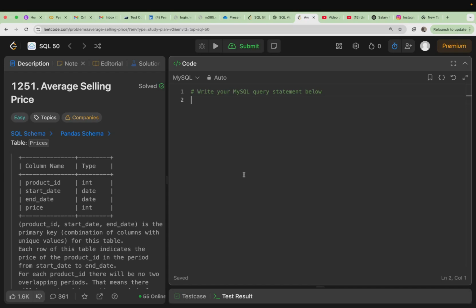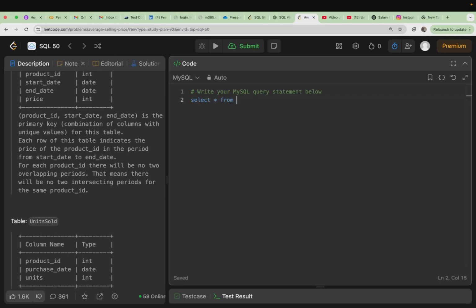Now let's write down the SQL query step by step. So first we'll join both of these tables. So we'll do select star from prices as P, join it with units sold as US. And now look at the ON condition.